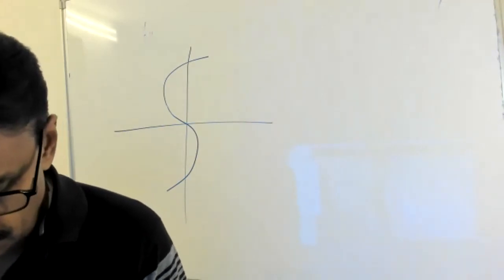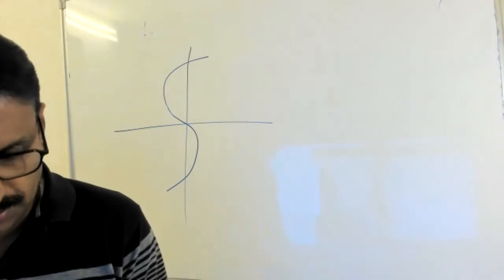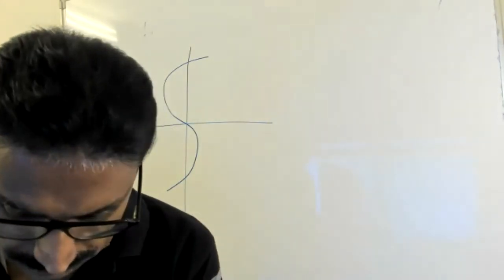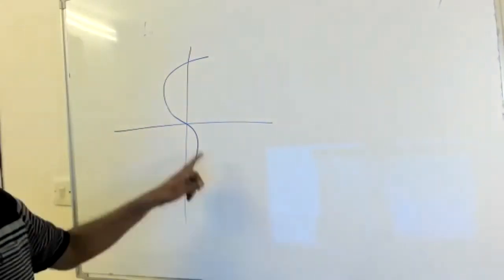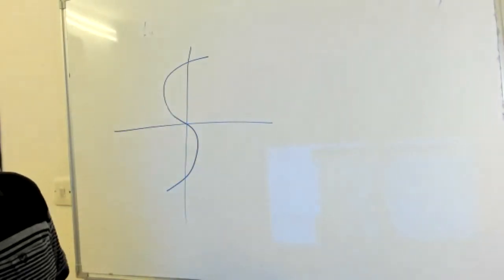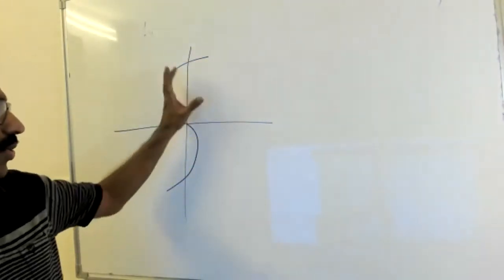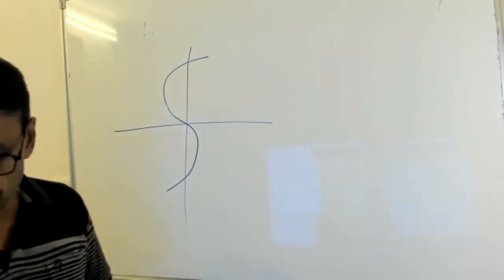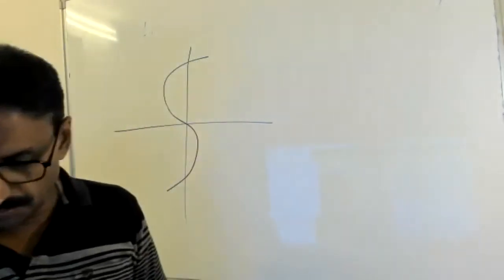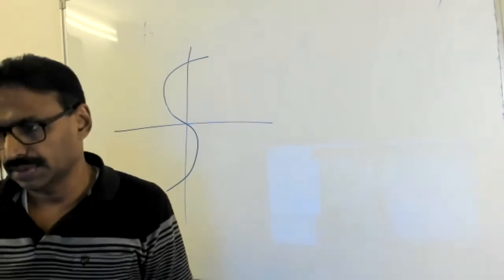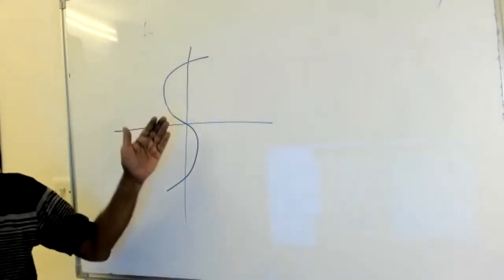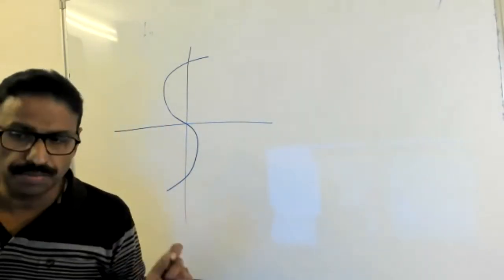So the graph of the polynomial p of x is shown. You draw the graph here and write the number of zeros. That means in this graph, how many zeros are there?